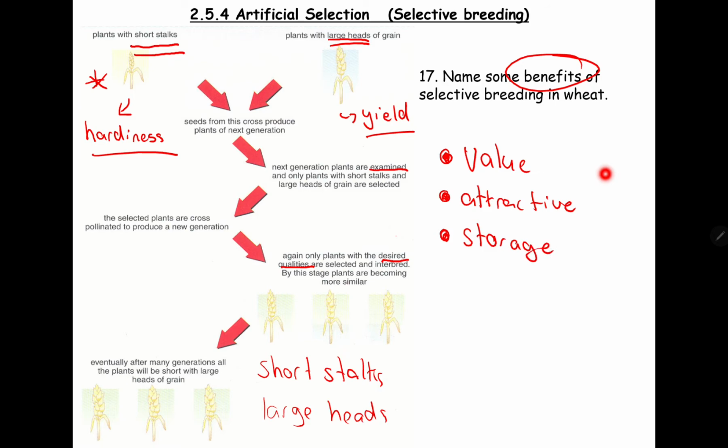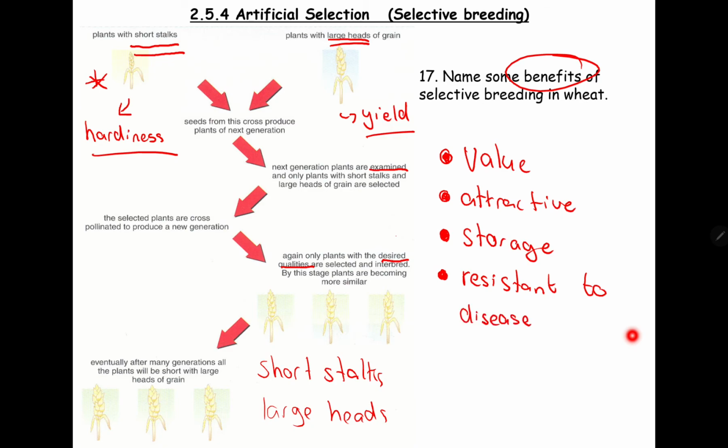And again, as well as being hardy to the environment, certain plants we want to breed so that they are resistant to disease. And these are just some of the reasons for artificial selection.